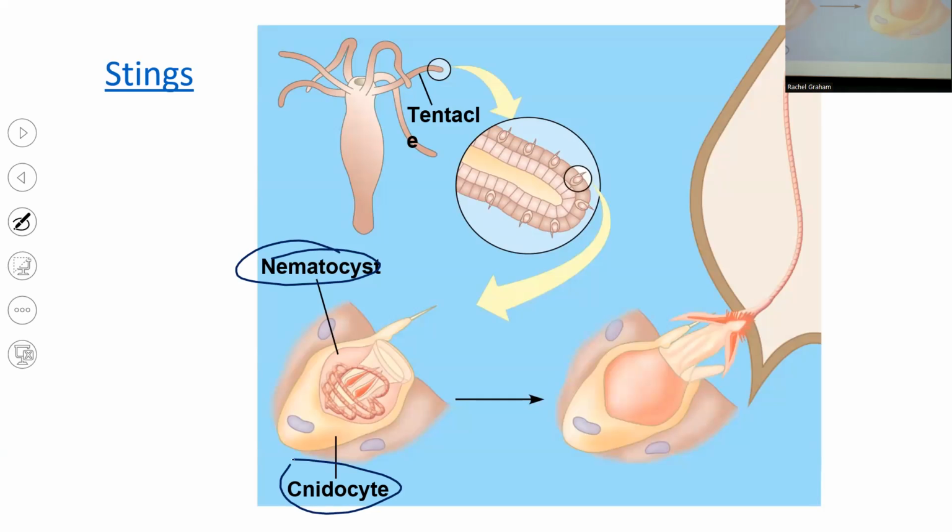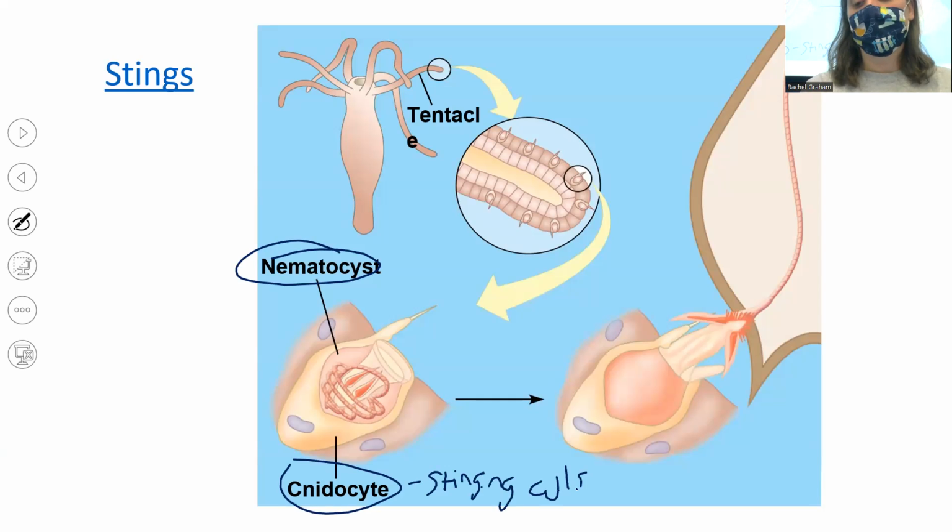So cnidocytes are the stinging cells that have the toxin in them, that they use to inject the toxin into something that they are stinging.